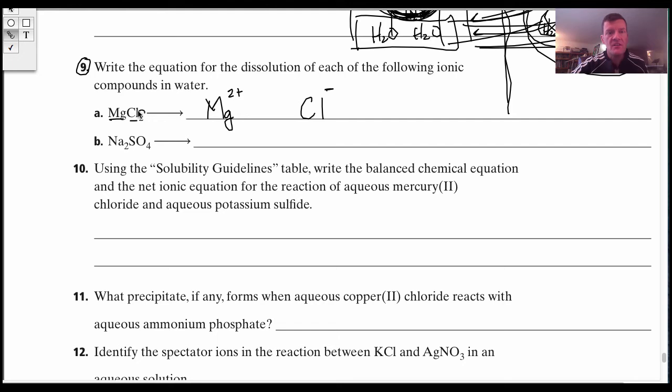But notice right here, in the compound, there are 2 chlorines for every 1 magnesium. So when they all separate, you don't put the subscript 2, you put a 2 in front to show there are 2 separate chloride ions that are now separated, and the magnesium ion. So for this 1 unit of magnesium chloride, you get 1 magnesium ion and 2 chloride ions for a total of 3 ions in that 1 unit.